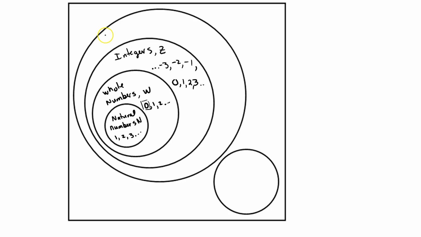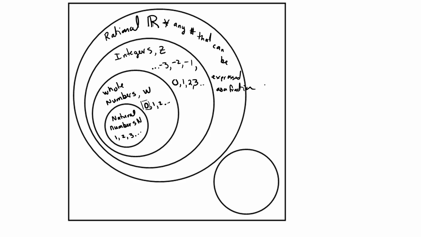The next one is rational numbers, which we use a capital R with two tall backs. Not only does it include all of the negative and positive integers, not only does it hold all of the whole numbers and all the natural numbers, it's basically any number that can be expressed as a fraction.